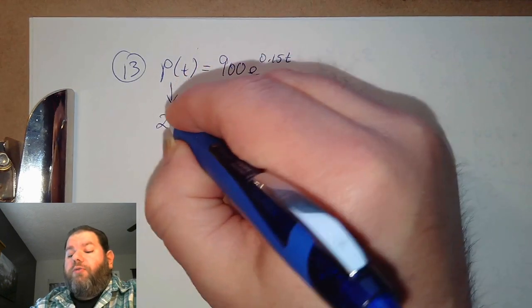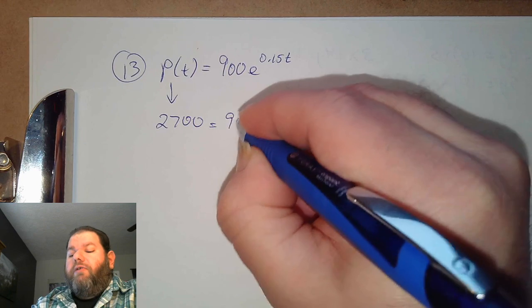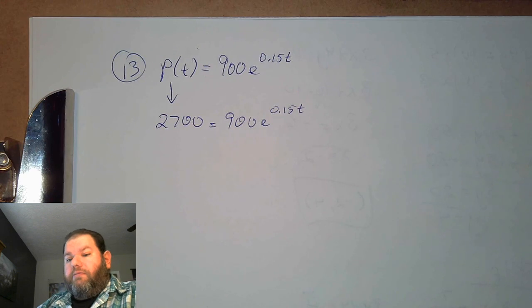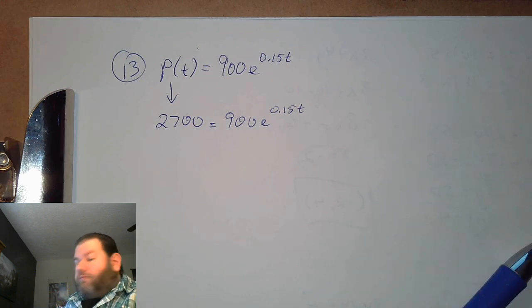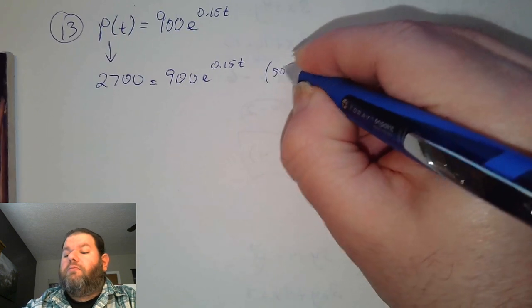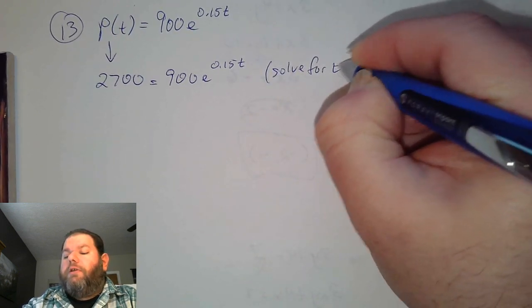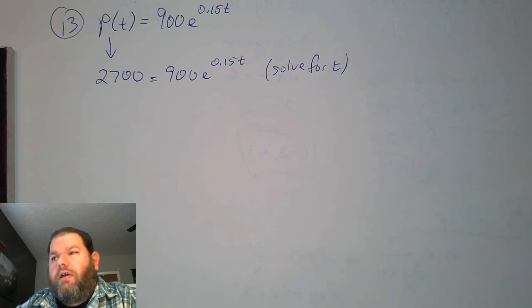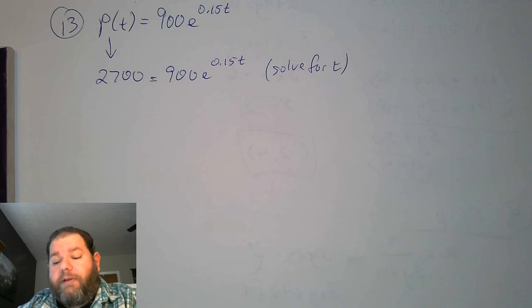So the population is 2700. We want to solve this equation for t. We didn't work anything specifically like this, but I think we have learned enough about exponents and logarithms that we'll be able to handle this if it comes up.